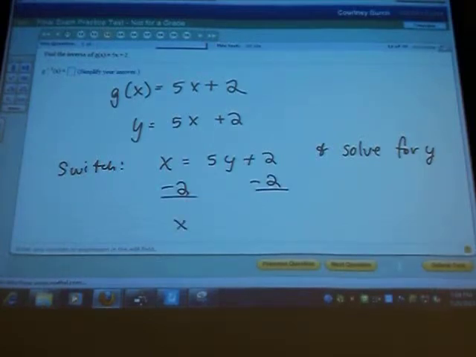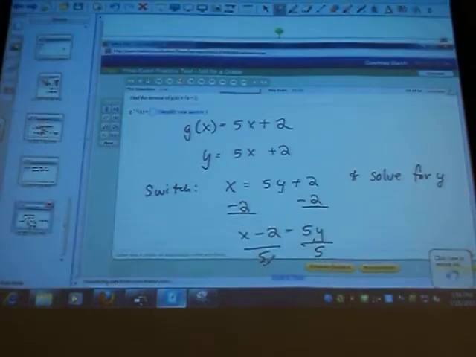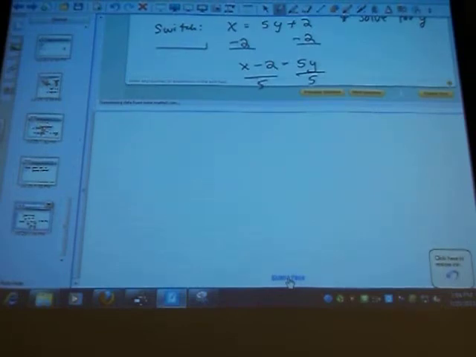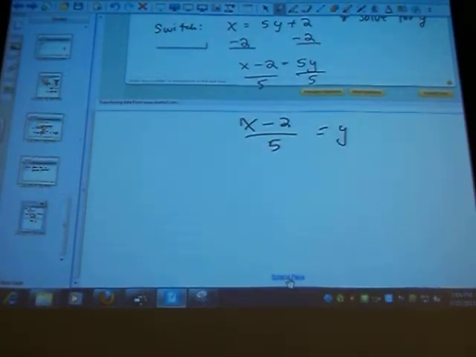That gives me x minus 2 equals 5y. And then I need to divide by 5. That gives me x minus 2 over 5 equals y, and that is my inverse.